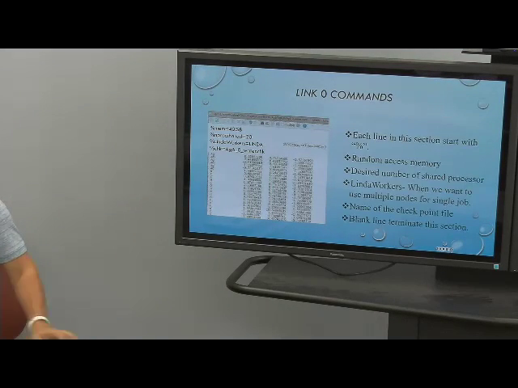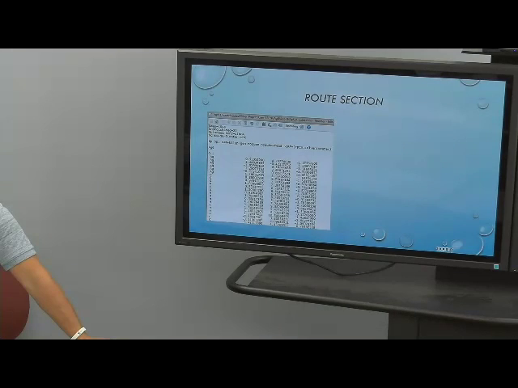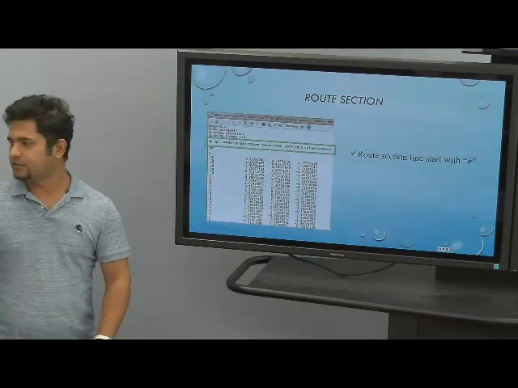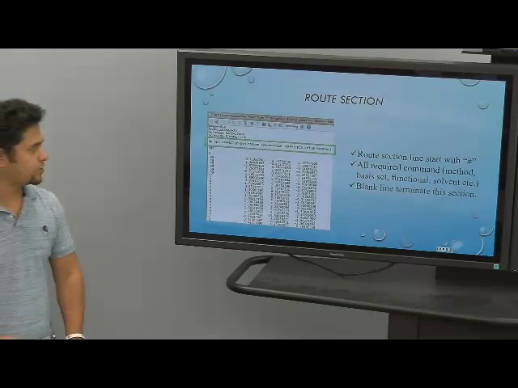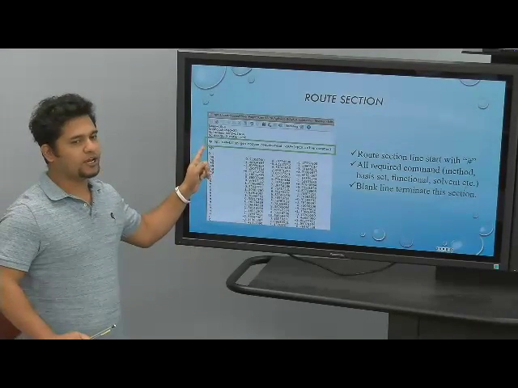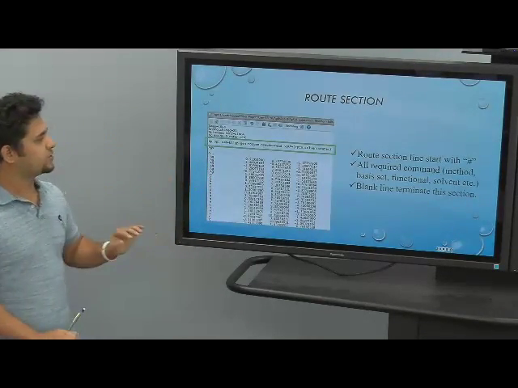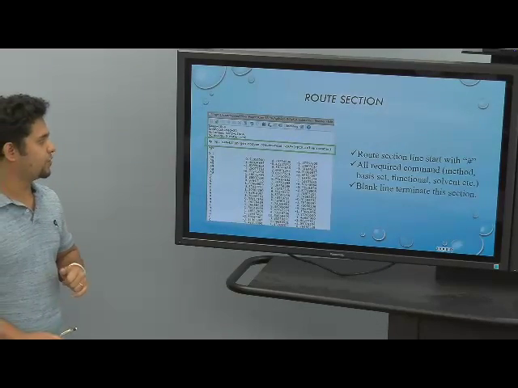The next section is the command line, the route section. It starts with a hash, and the hash means it will take the commands from that line.